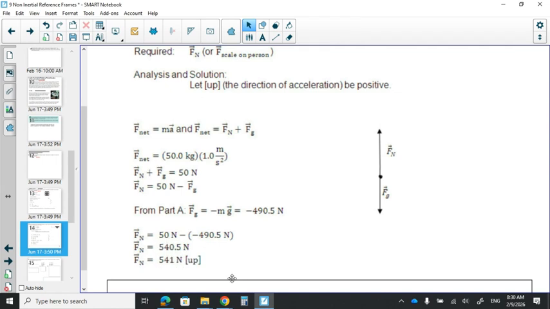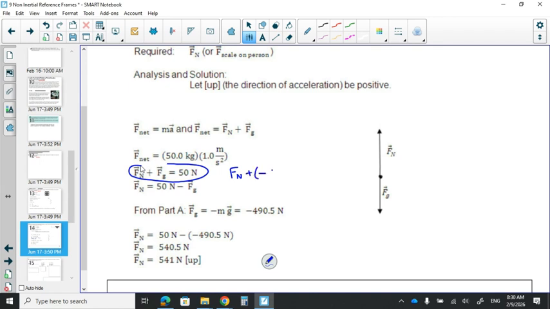My preference would have been to have the numbers just plugged in. So we'd have the normal force and the gravity force as negative, and the net force of 50. Sorry, what was the gravity force? 490, not 50.